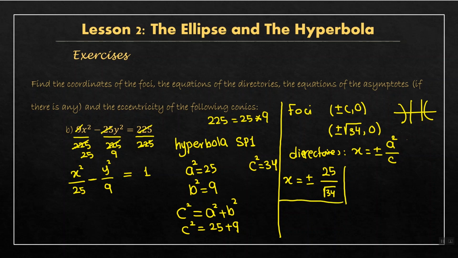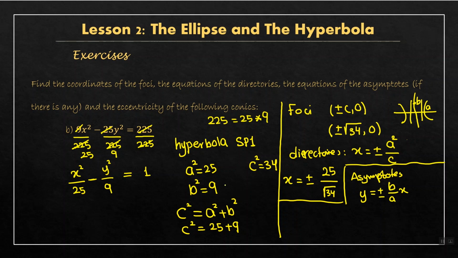Now the asymptotes. Do we have asymptotes here? Yes, we do. So the asymptotes. On the y-axis, you will have b. On the x-axis, you will have a. So the asymptotes are going to be y equals plus minus the y over the x, b over a and then x.